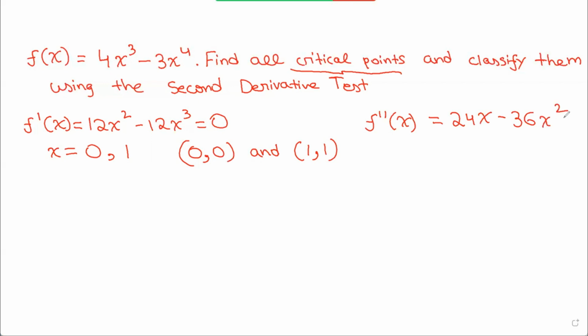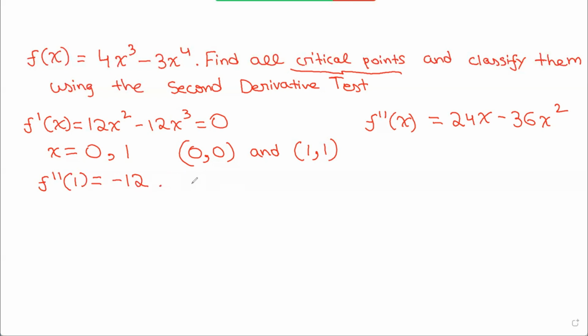Now what we do is plug in the critical points. First let's plug in 1. So f double prime of 1 is equal to 24 times 1 minus 36, so that is negative 12. Thus, what can we conclude? At 1, f prime of 1 is 0, and f double prime of 1 is negative 12, which is less than 0.